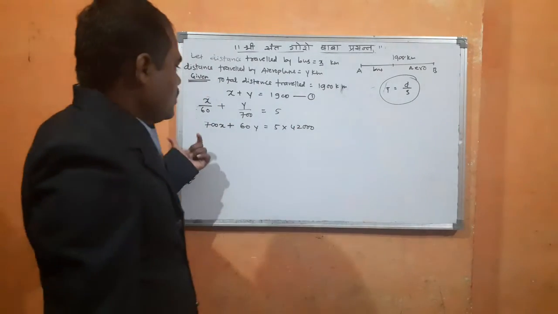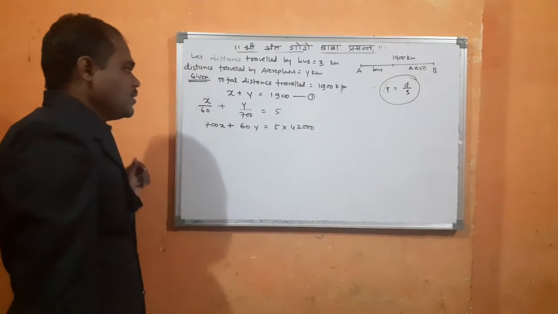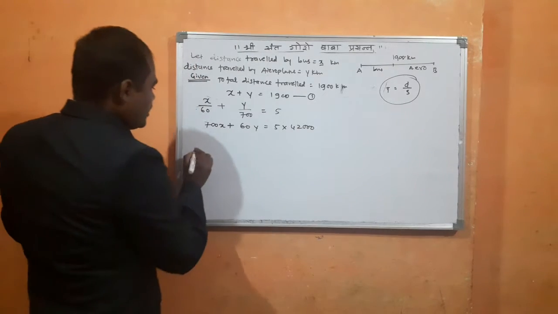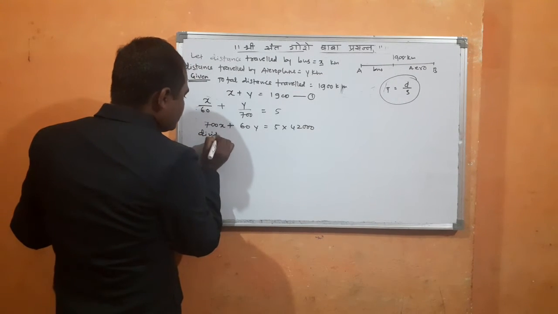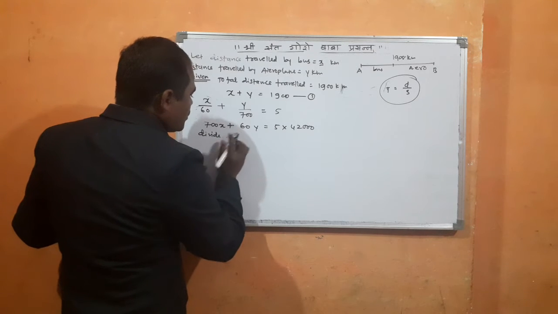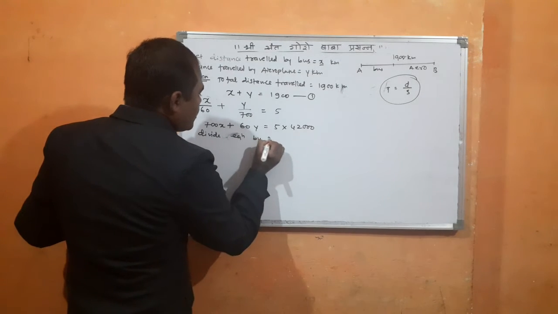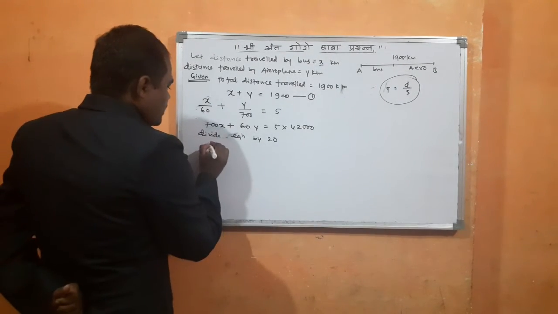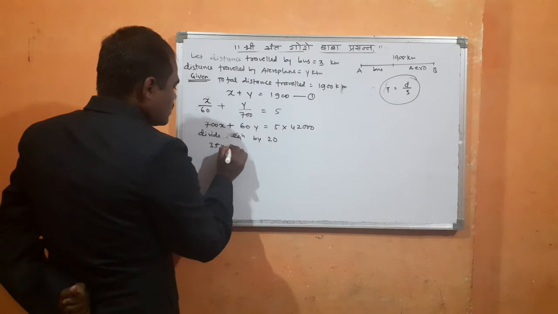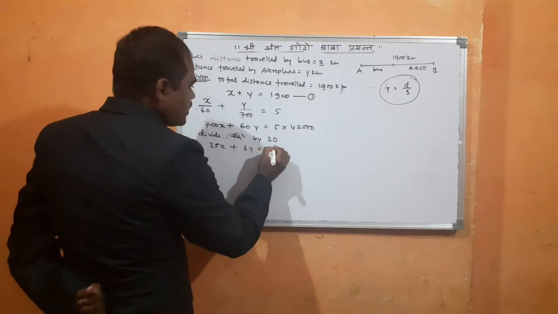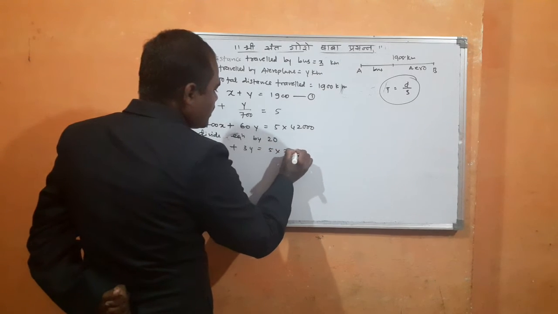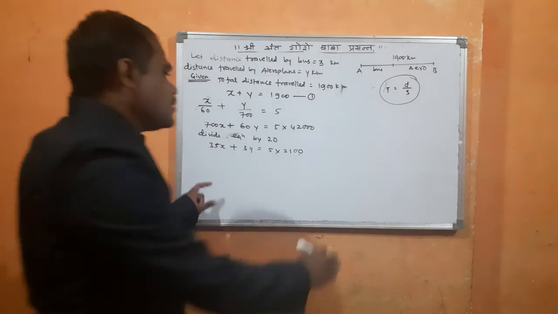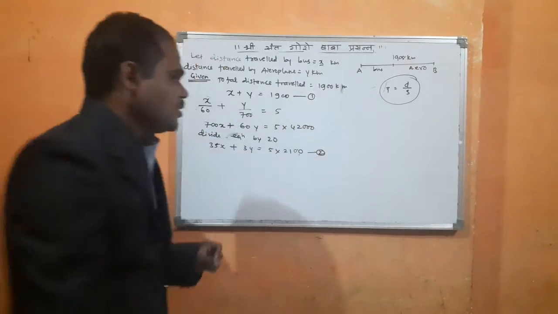Okay, now divide the whole equation by 20. So by dividing the whole equation by 20, we will get 35x plus 3y is equal to 5 multiplied by 2100. Now this is your equation number 2.